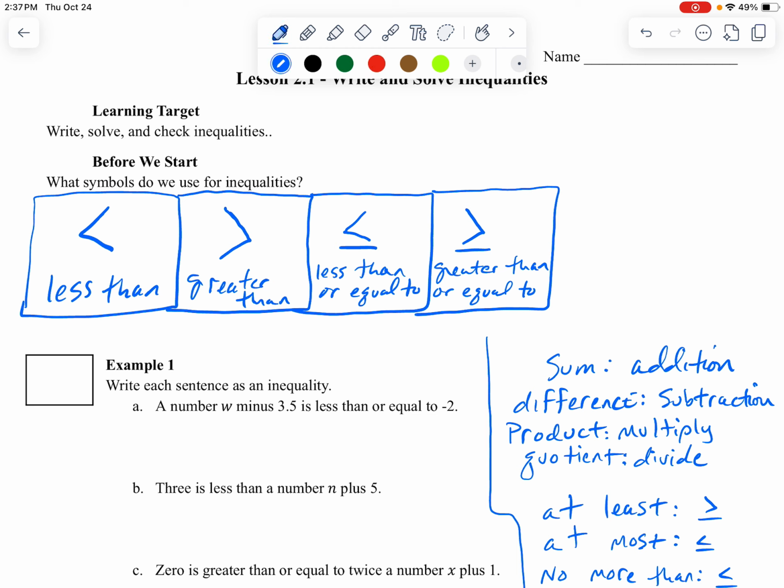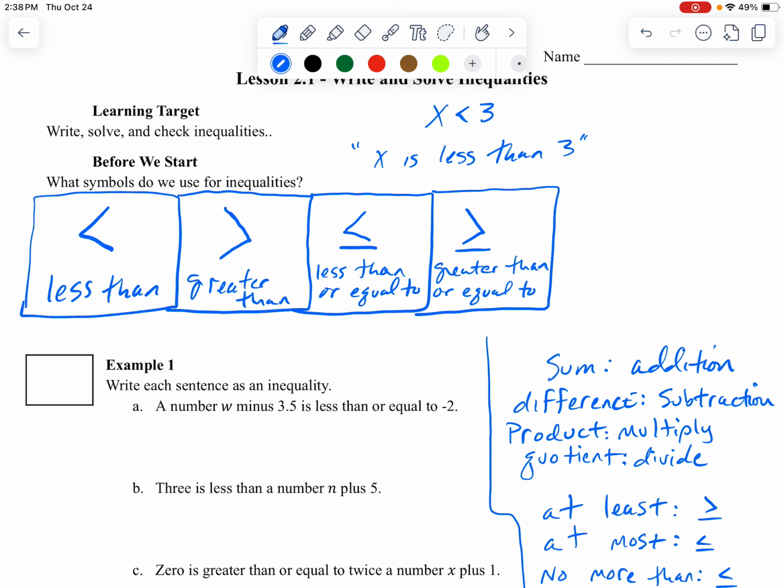For example, if I were to write x is less than 3, then that would mean some number x could be any of those values that are smaller than 3. And if I were to write that in words, x is less than 3.